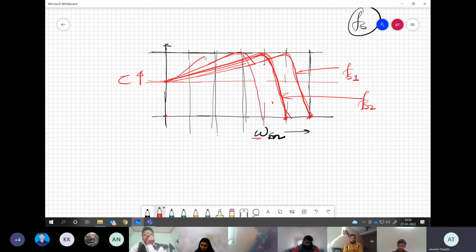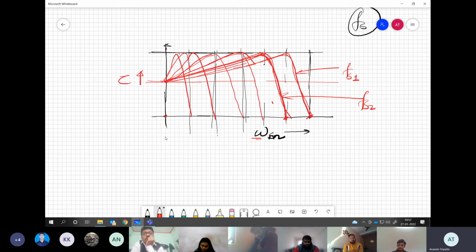Then one more like this. Another one like this. So we are getting a family of curves over here, and for all such curves we have the starting torque and maximum torque the same.